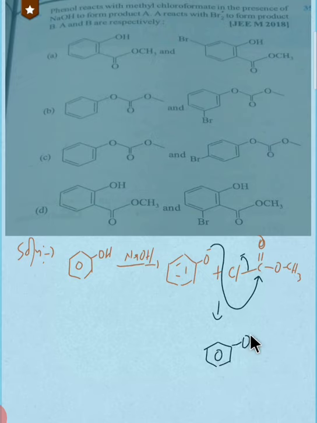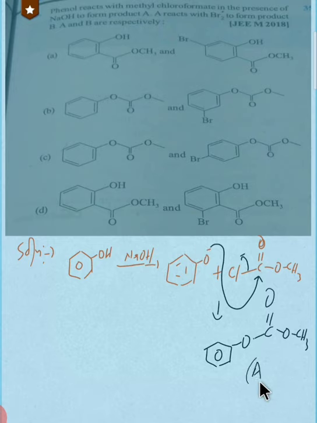Benzene, O will be attached to this carbon atom, and the Cl goes out. So this will be the structure of our A. This is A.